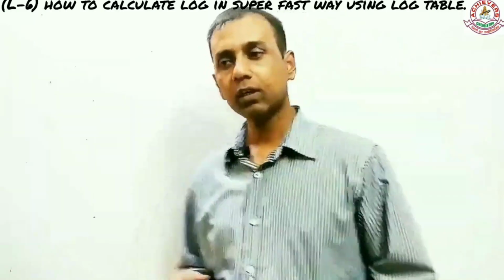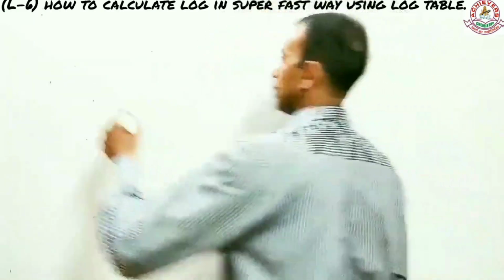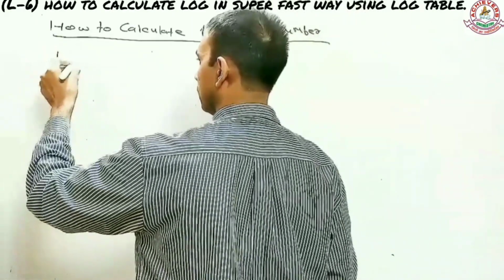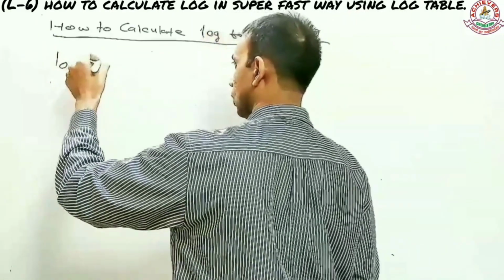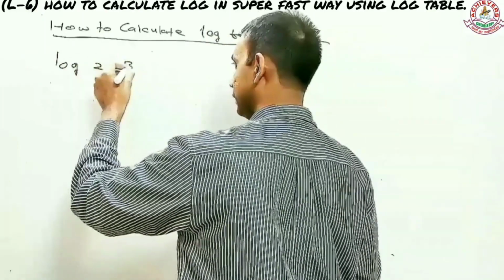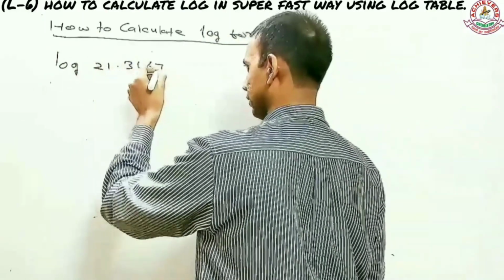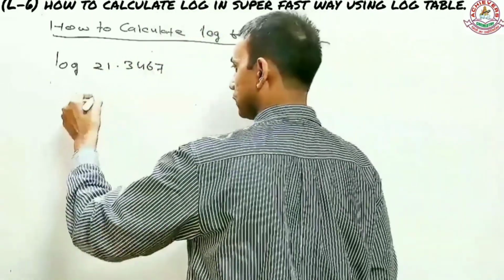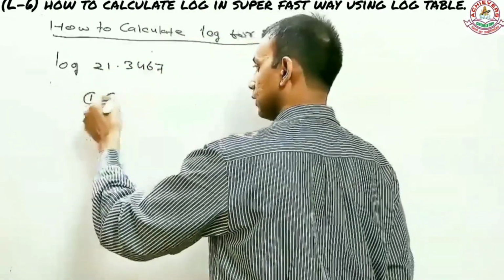So let's start with how a log is taken. Suppose I have to take a log of a number like 21.3467, something I've taken on a random basis. The first thing I'm going to do is find out the characteristic.